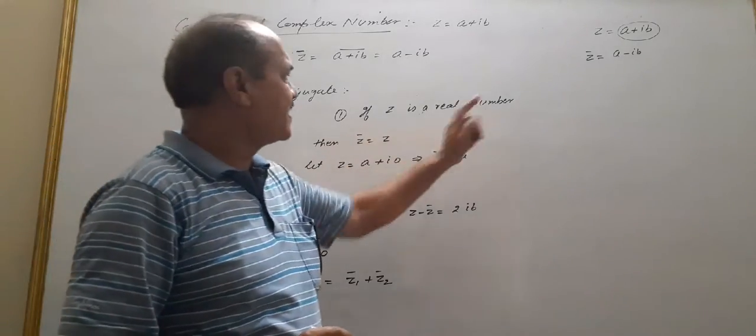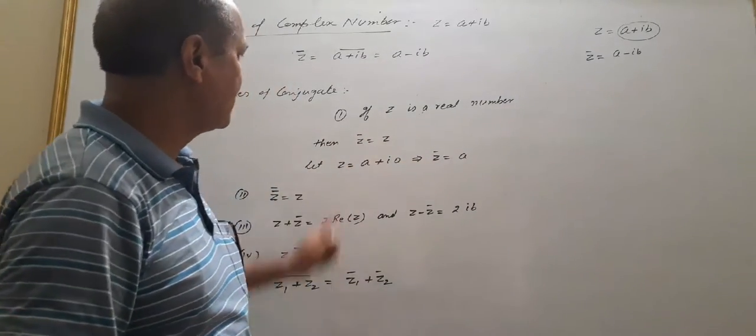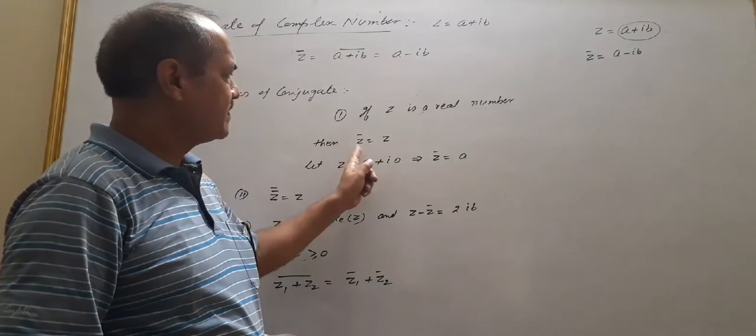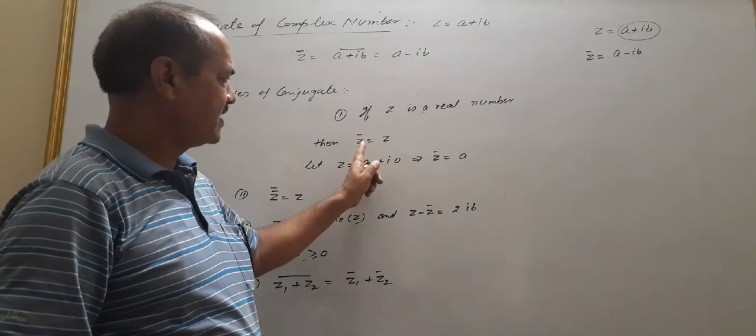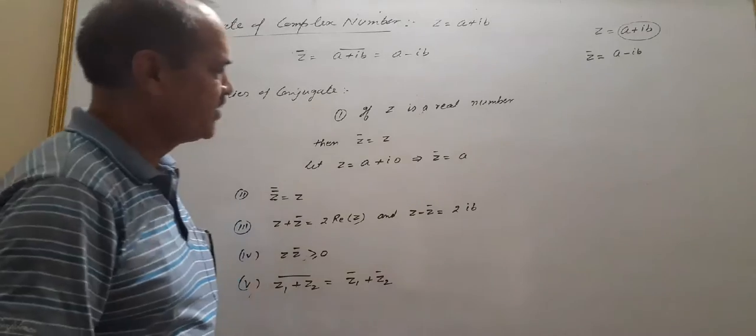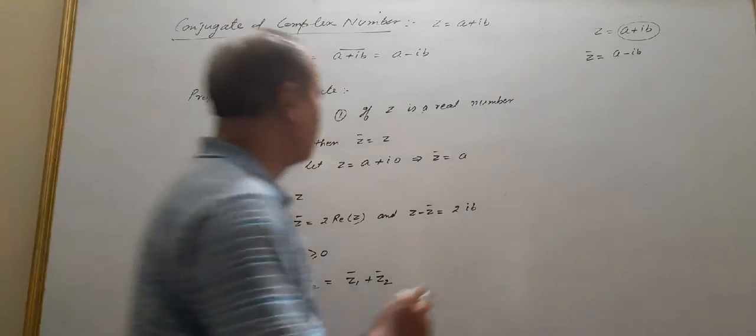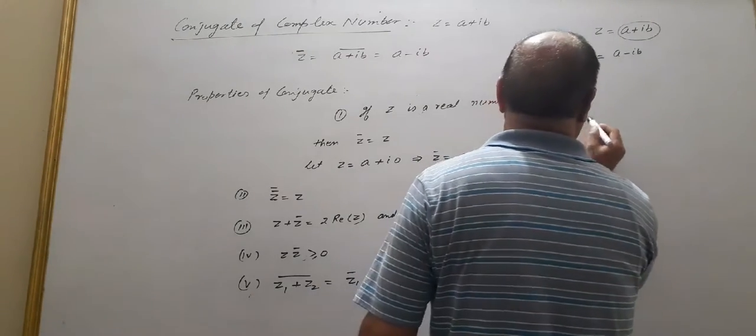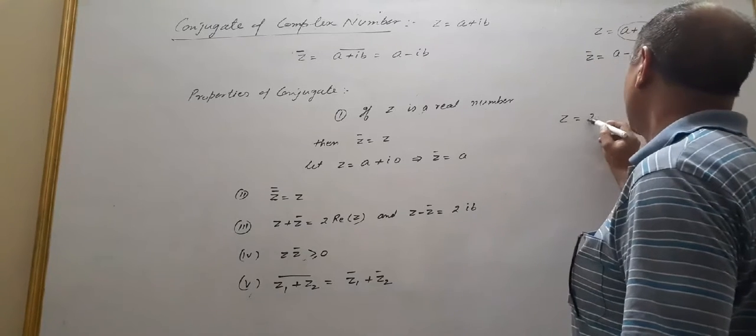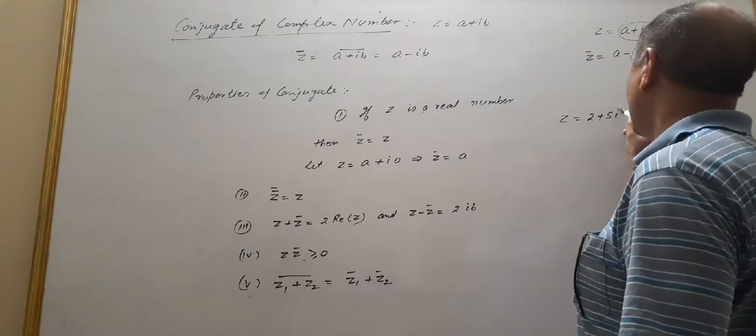If z is a real number, then z conjugate, that is z bar, is equal to z. For example, let the complex number z be 2 plus 5 iota.